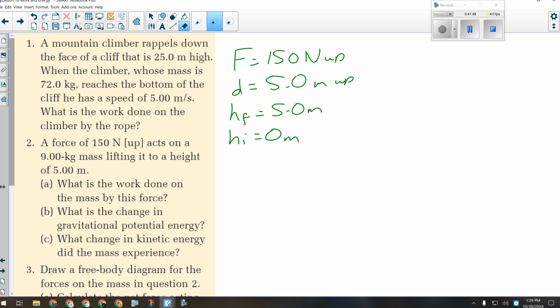How can I calculate the work with those givens? Force times distance? Yeah, that would be the quickest way. I have force and I have distance, so that would be the most logical way for me to do it on this question. So work equals force times distance. That'll be 150 times 5. Is that 750? Yeah.